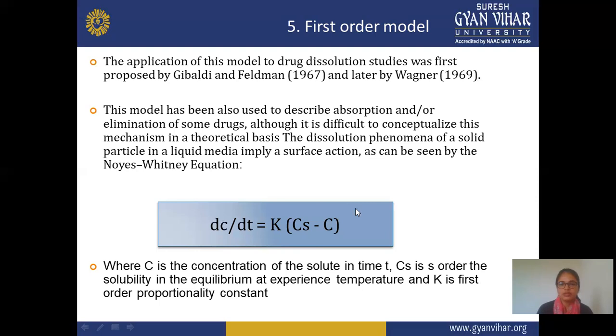This is the Noyes-Whitney equation for a particle in a solid. dC/dt equals K(Cs minus C), where C is the concentration of the solute at time t, and Cs is the solubility at equilibrium at the experimental temperature, and K is the first order proportionality constant.